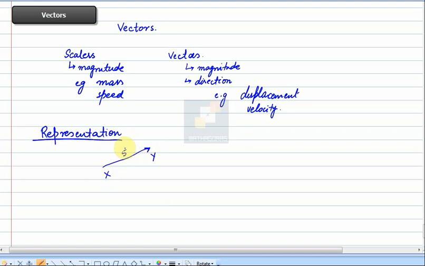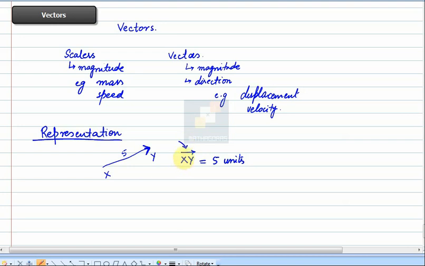So direction is very important in vectors. This 5 units represents from X to Y, it has a weightage of 5 units, or you can say that XY is 5 units. Make it your habit to show this arrow in vectors. Whenever you are representing a vector, it should be marked with the arrow, because the arrow plays an important part.